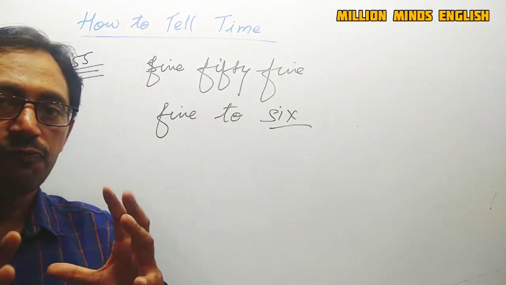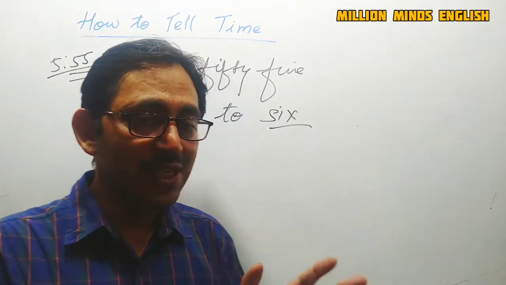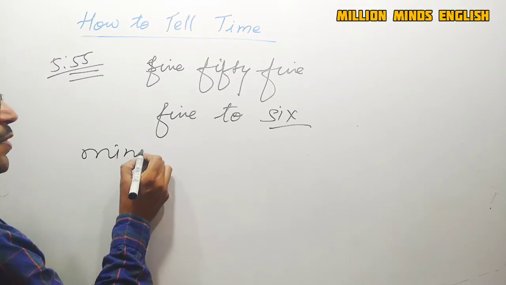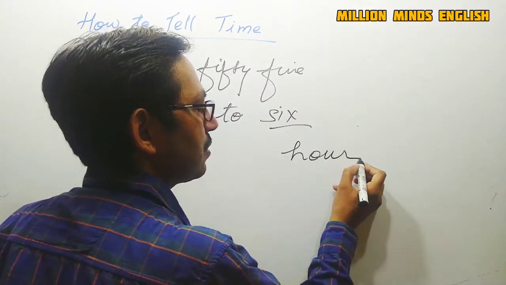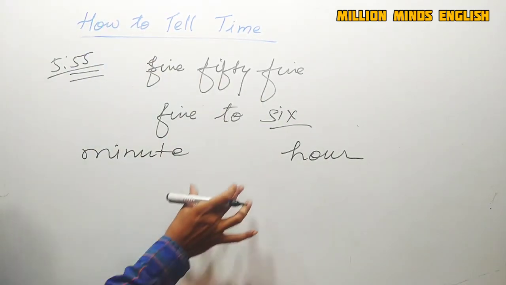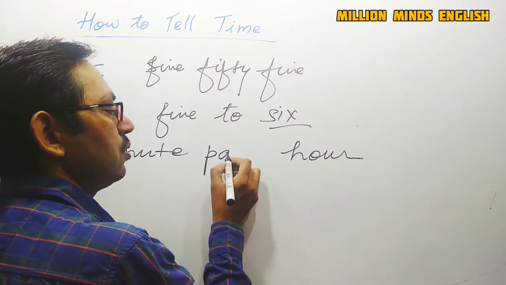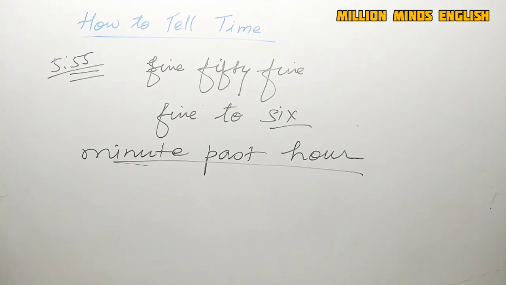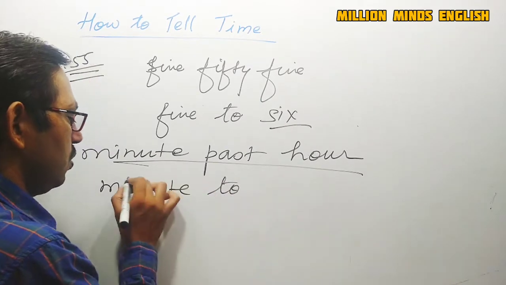Here we should remember the very first thing: you have a formula to represent time. First we say minute, and afterwards we say hour. And here we use two words, past and to. Minute past hour, and minute to hour.